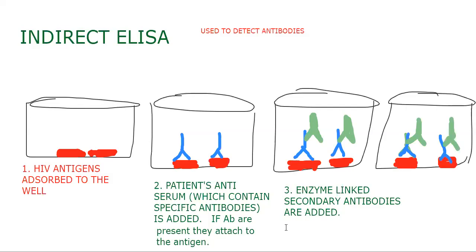For that you add substrate. When we add the substrate, the substrate binds and the reaction happens. Let me show you: add substrate. This is very important, then the final result. Fourth step: add substrate.